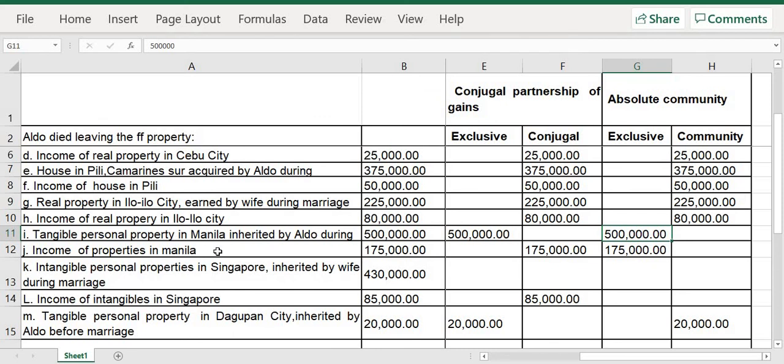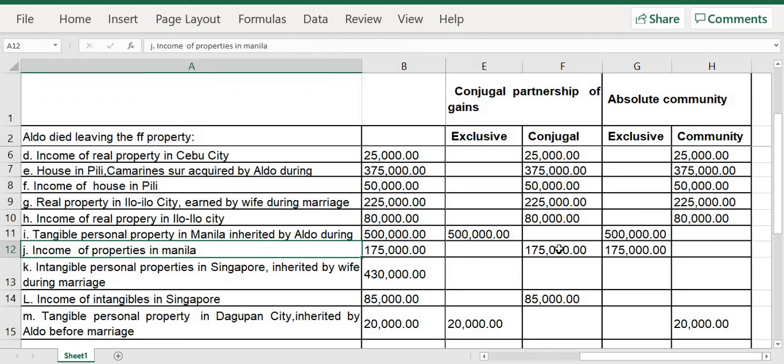The income of properties in Manila, ayan, so that's 175,000. Again, it doesn't matter kung exclusive or conjugal property yung nagkaroon ng income or fruit. Basta lahat ng fruit is part of the conjugal properties, no?